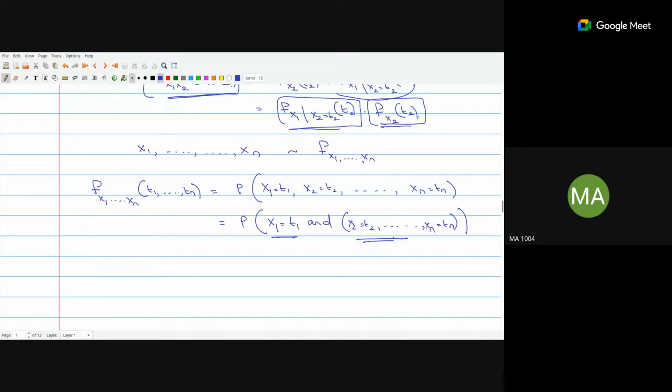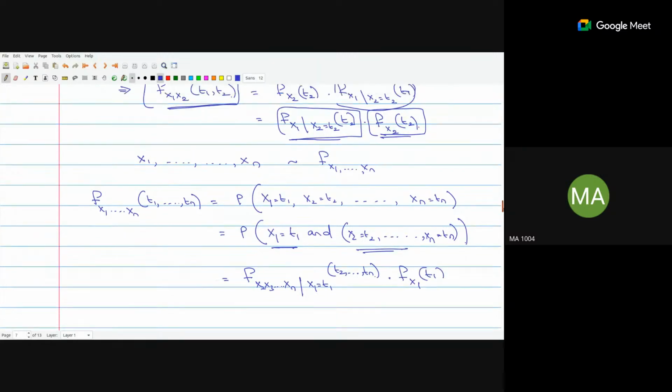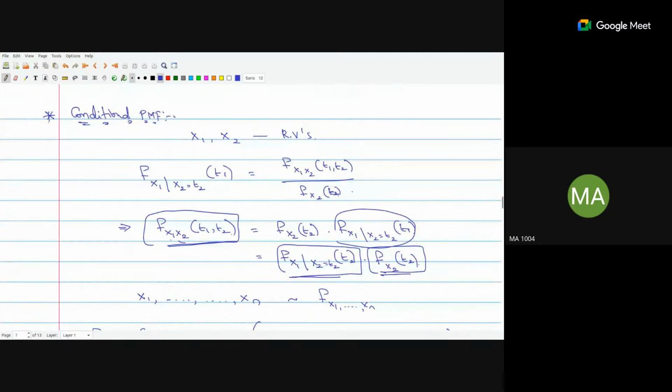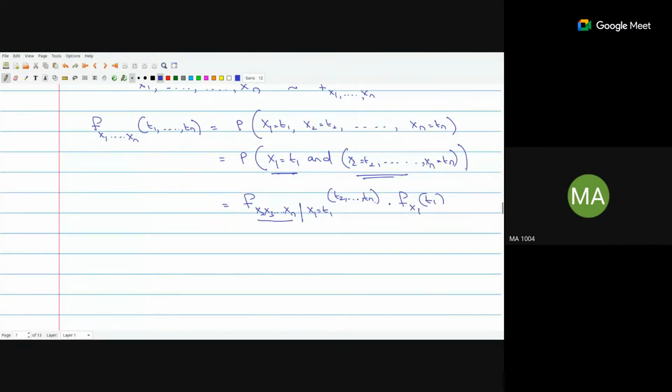I can write this as the conditional of the joint of X2 to Xn given X1 equal to t1, at t2 to tn, times f_{X1}(t1).